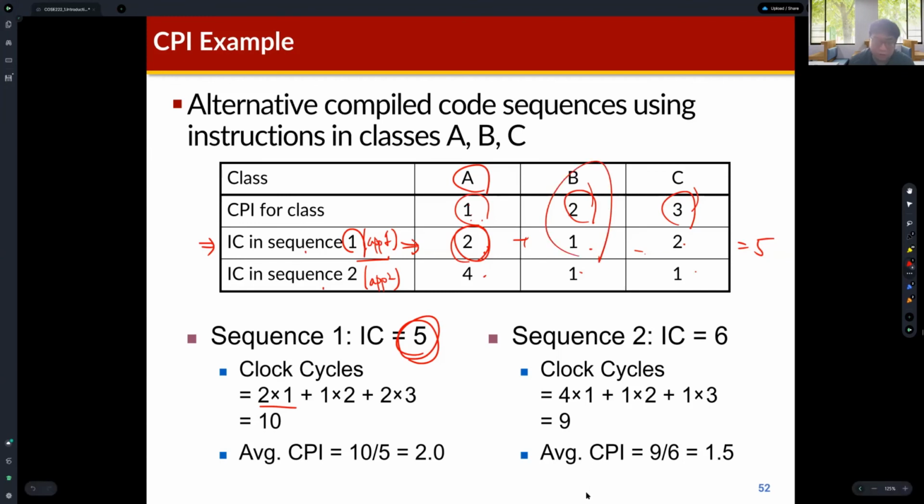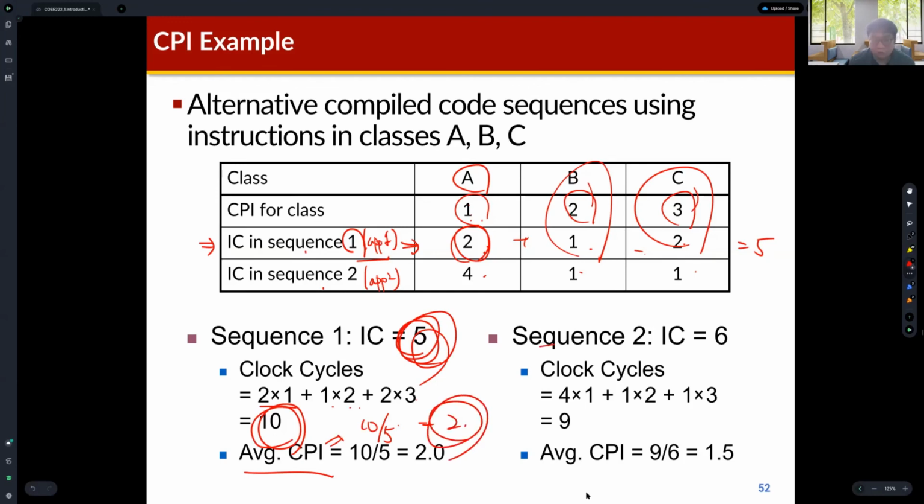It's the same for class B, 1 multiplied by 2, and class C, 2 multiplied by 3. So the number of total cycles is 10. And then by definition, the average CPI is the total cycles divided by the total instruction count, which is 2.